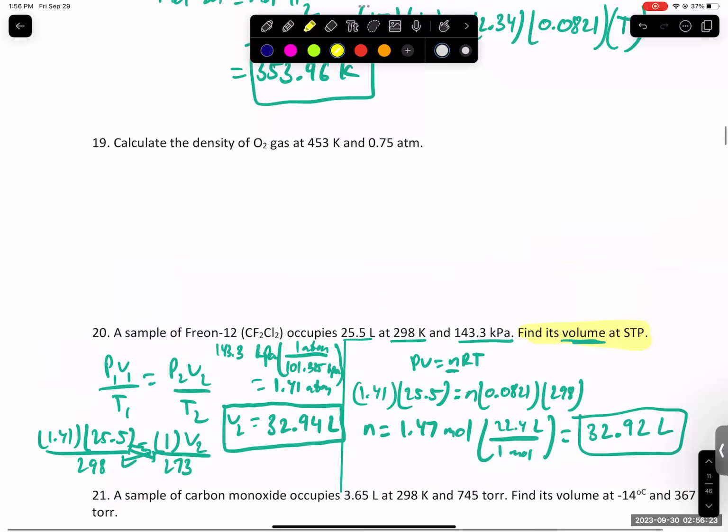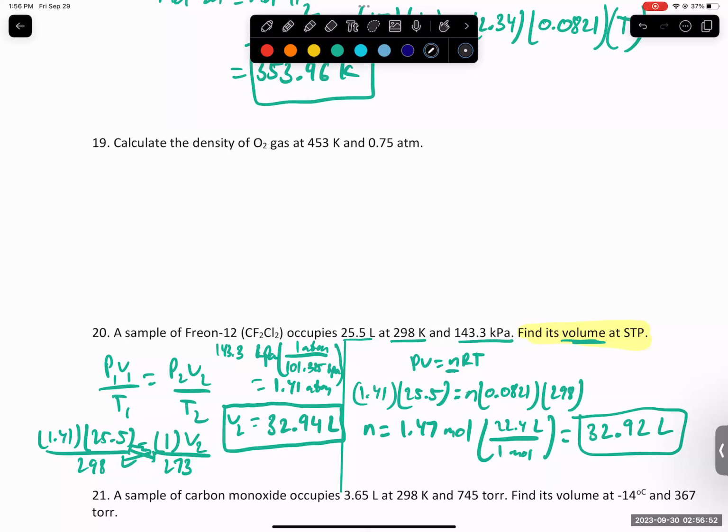All right. So calculate the density of oxygen gas at 453 Kelvin and 0.75 atmospheres. So density of a gas is always going to have certain units. Do we remember what those units are? It's mass over volume, but specifically what are the units?